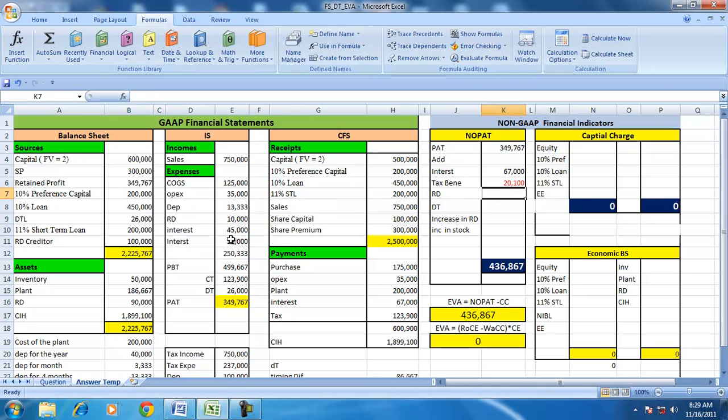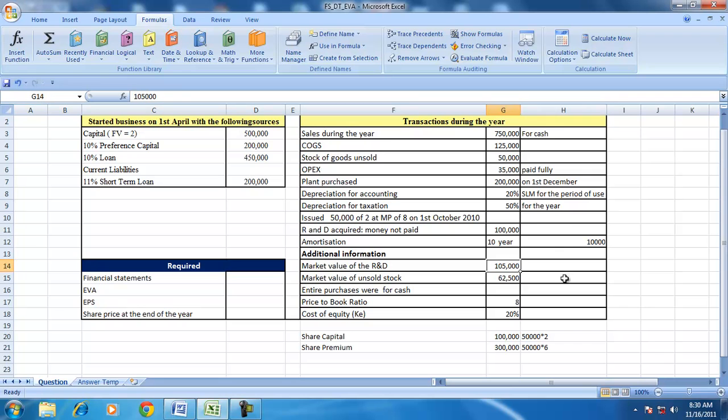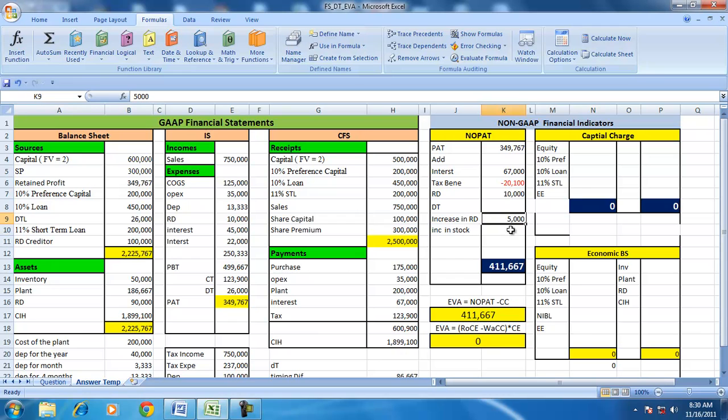is 20,100, which will be deducted because to that extent you have not taken the benefits of R&D, no amortization. The R&D will go to the impairment, any profits will increase, so R&D will go up. The increase in R&D will be 5,000 because the market value of R&D is given as 105. So therefore we are showing that increase as a profit.